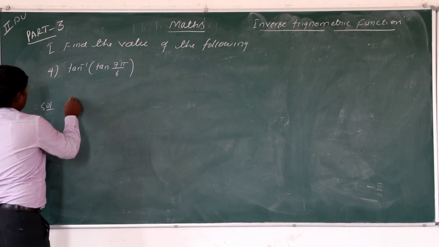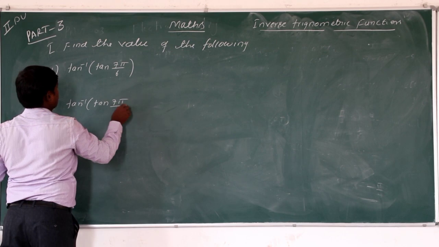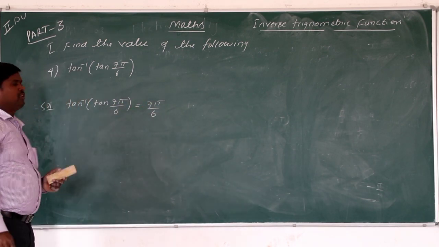So that is tan inverse of tan 7 pi by 6, whether it is equal to 7 pi by 6 or not. Okay, so already you know that.